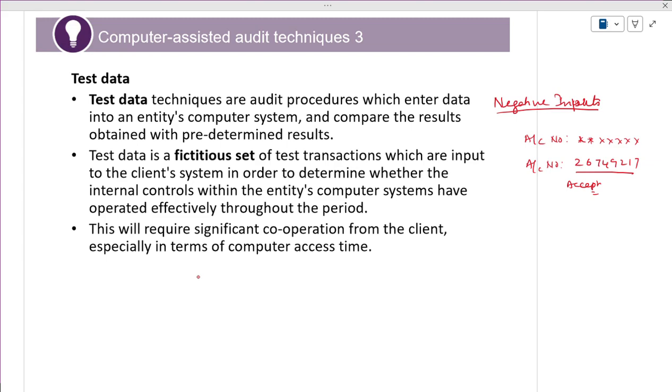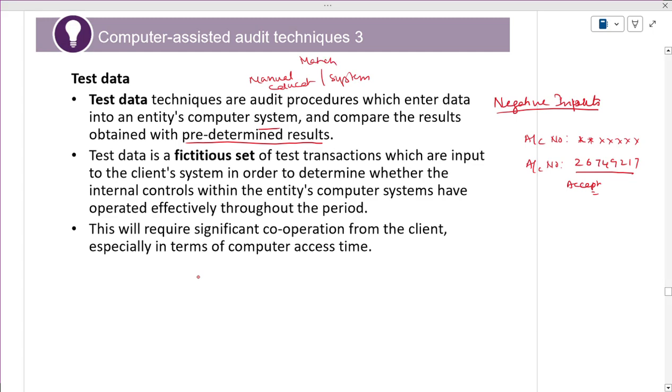Test data is the technique or audit procedure which enters data into the system and compares the results with predetermined results. You will do manual calculations and you will do calculations through the system. The manual calculations and the system calculations should match.